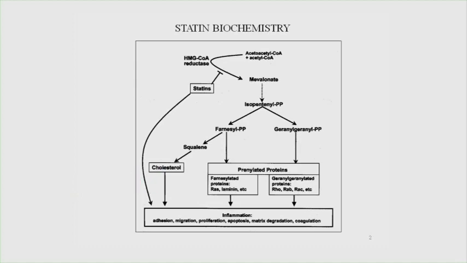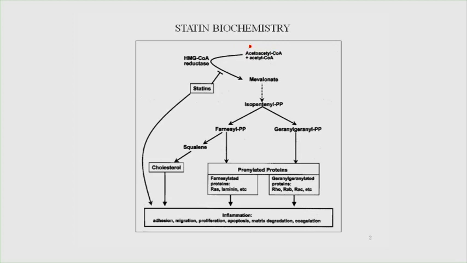They block an early step in the synthesis of cholesterol. What exactly they're doing is blocking an enzyme that converts 2-carbon acetyl-CoA fragments into mevalonate, which normally would be converted to cholesterol and to other intermediates called isoprenoids. So essentially, when you're taking a statin, you're blocking cellular signaling.